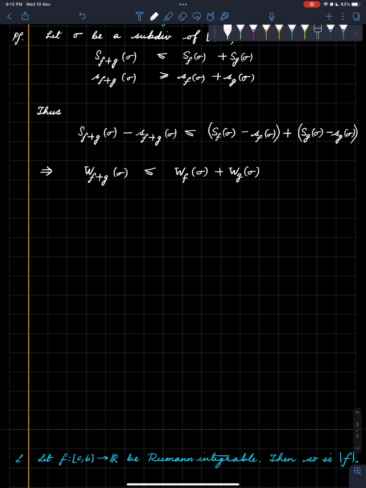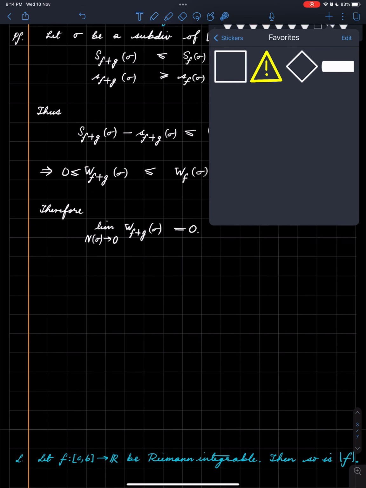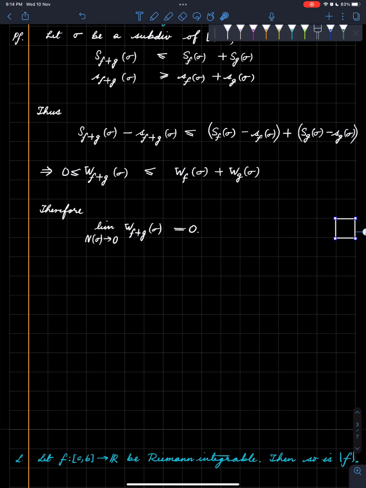And therefore, since this is always non-negative, the oscillation is always non-negative, the limit as the norm of sigma goes to 0 of the oscillation of f plus g over sigma is 0. Because these two individually get killed, and this sandwich now tells us that this will also go to 0. So very simple.